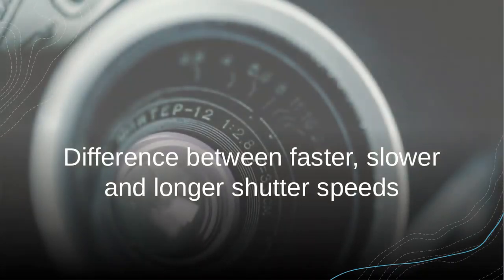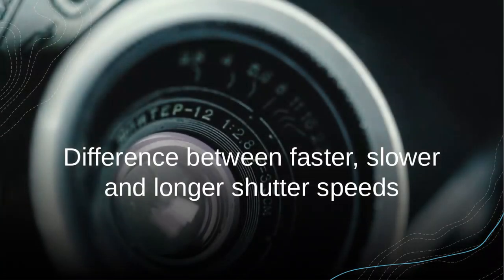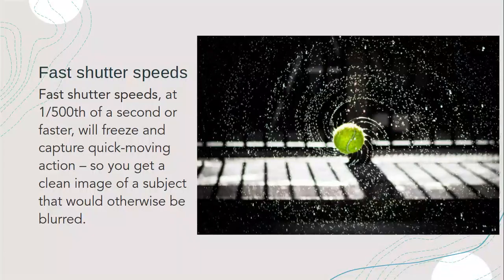So the difference between slower and longer shutter speeds. Fast shutter speeds are at 1/500th of a second or faster. They will freeze or capture quick moving action, so you can get a clear image of subjects that would otherwise be blurred.